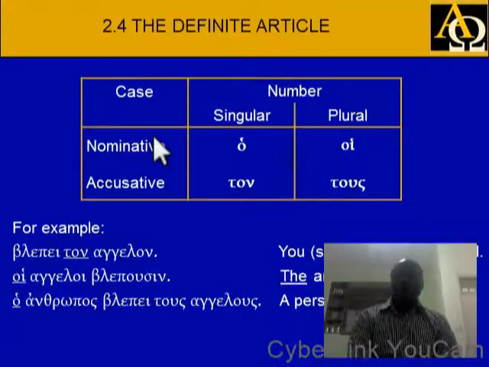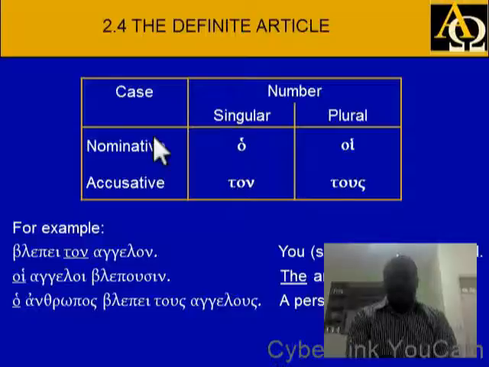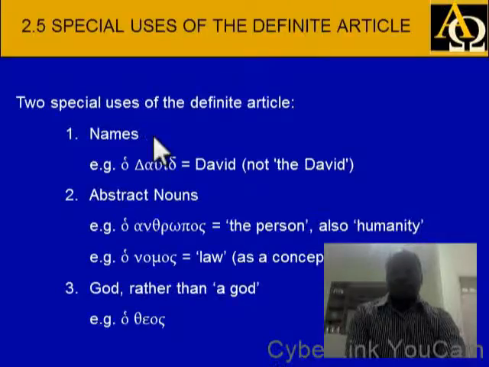Hoi angeloi blepousin, the angels they see. So we would say the angels are seeing. Ho anthropos blepei tous angelous. A person sees the angels. Okay, so just the definite article, THE, that is being introduced here.